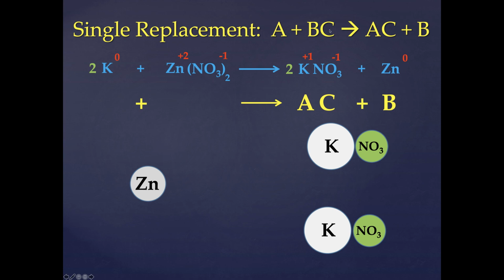So zinc's charge is becoming more negative, and therefore zinc +2 is gaining the electron that the potassium lost. And therefore, the potassium 0 is what's oxidized, the zinc ion is reduced, and the nitrate ion doesn't change its charge at all. Being that it doesn't change its charge, that would be the spectator ion.